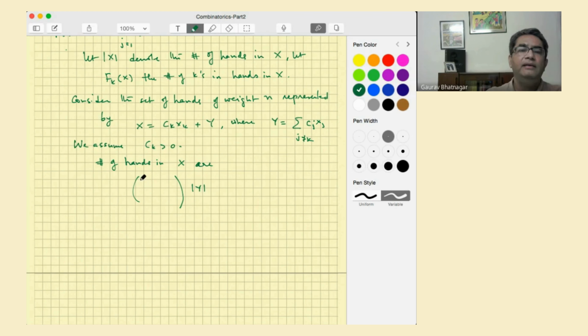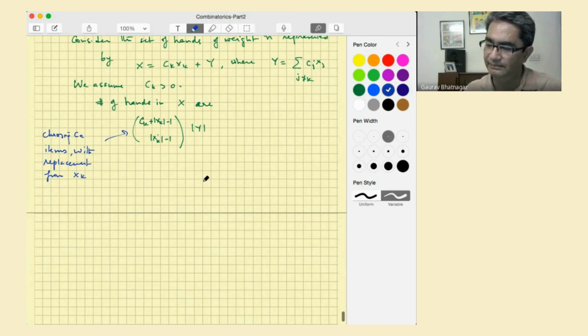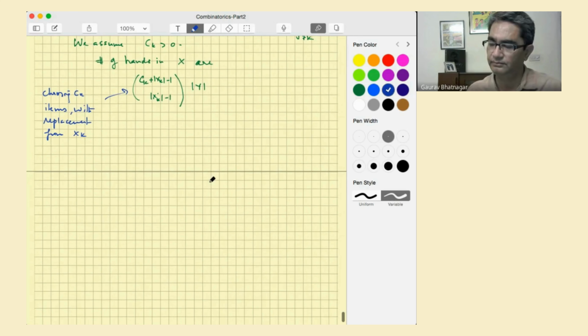Here I'm just choosing c_k items with replacement from X_k. X_k is the set of all the numbers with various colors, and I have to pick out c_k of them. For every choice of Y, I'll get a number of hands. So all the number of hands in X are going to be this much. Is that clear?